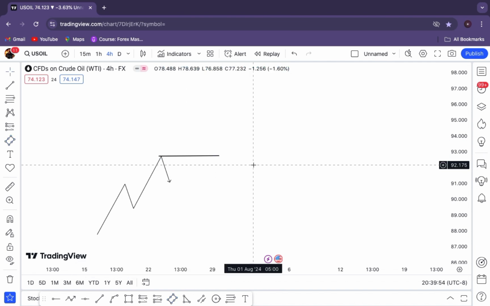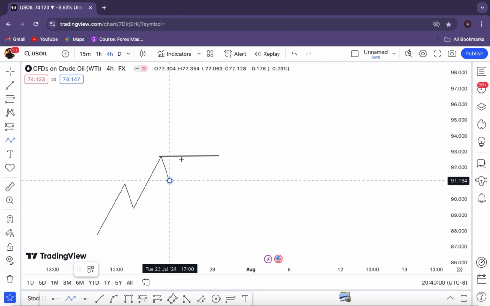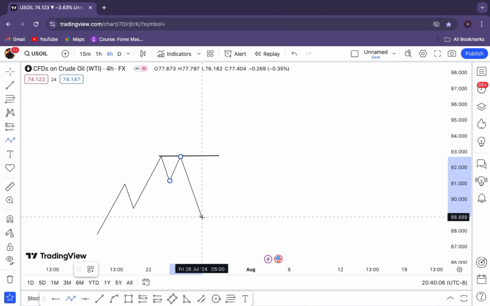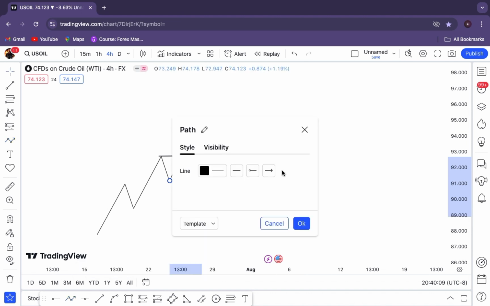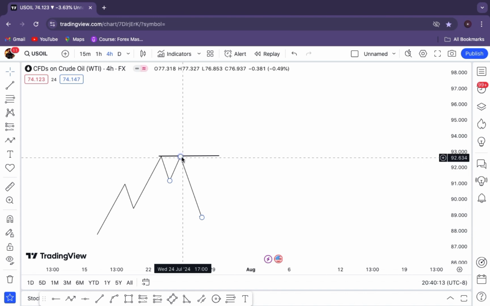So I just draw my zone like so and wait for the market to come back and tap into this zone. Once the market comes back and taps into this zone here, then I look for my entry around here to do what? To catch that reversal in the opposite direction. So this is my tops and bottoms strategy, and this is very different from the way other people trade today, as you get.